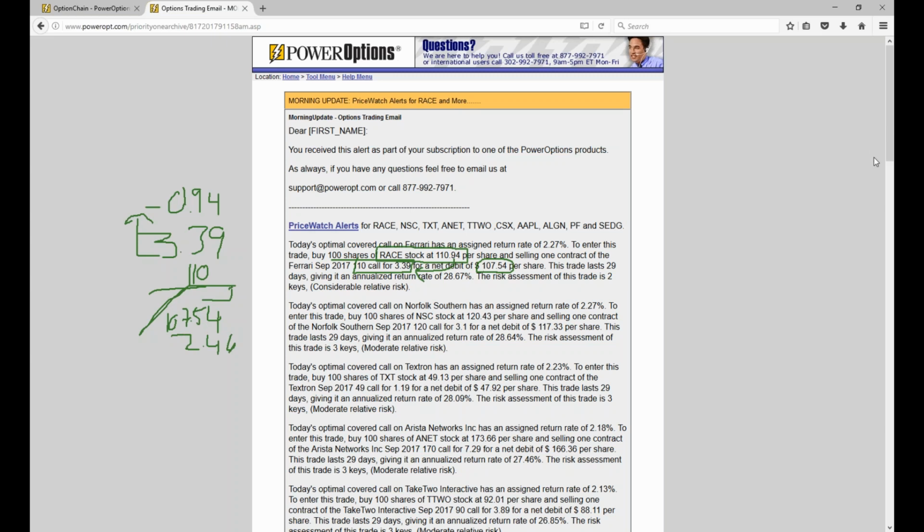It's still going to be a profit even though I'm selling a call below the stock price. Okay, well, wouldn't you make more money if you sold the 115 or the 120? Well, yeah, your potential percent if assigned is going to be much higher, but your probability of getting assigned at 115 or 120 is going to be very, very small.